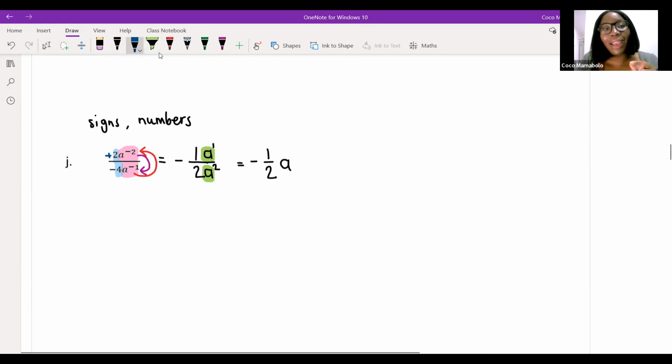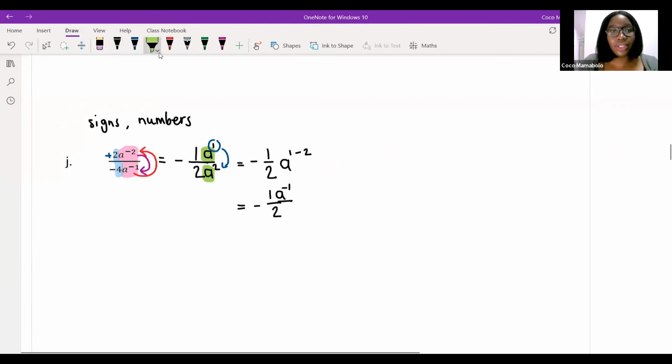I always minus top to bottom. Top minus bottom. So I'm going to get a to the power of 1 minus 2. Okay, and that's going to give me negative a half. And my a, which is still at the top, is a to the power of 1 minus 2, which is going to give me negative 1.